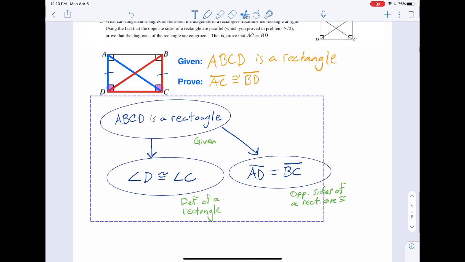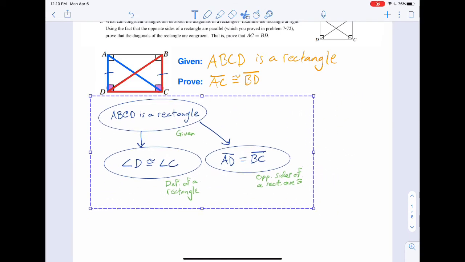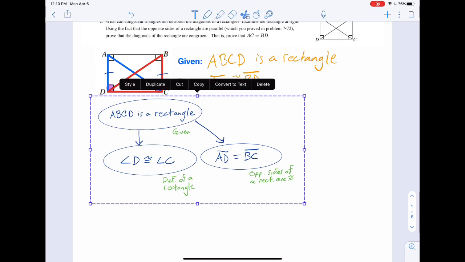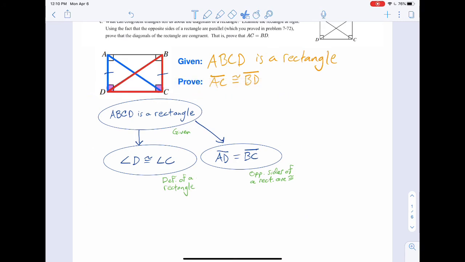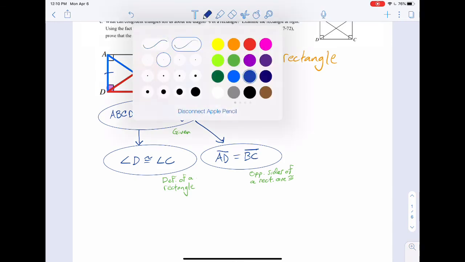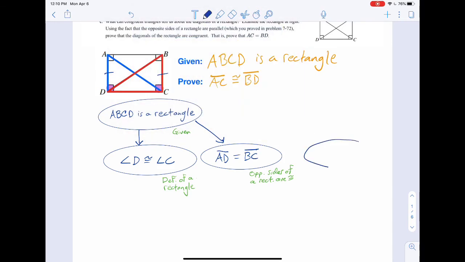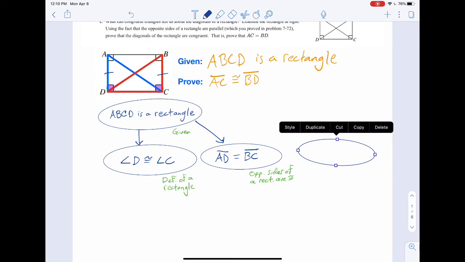Now, is that enough to prove that the two triangles are congruent? Not yet. What is a third bubble that we can add to prove that these two triangles are congruent? Take a moment, think about it, and then come back when you're ready.